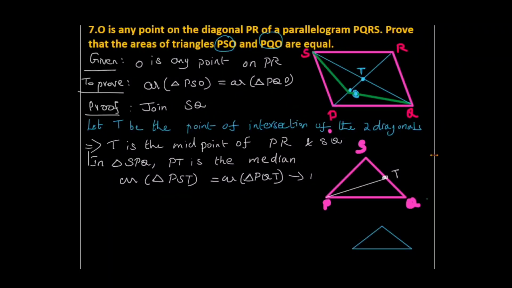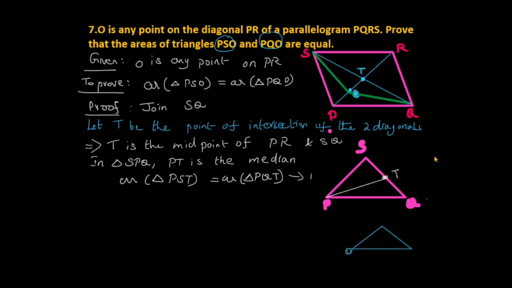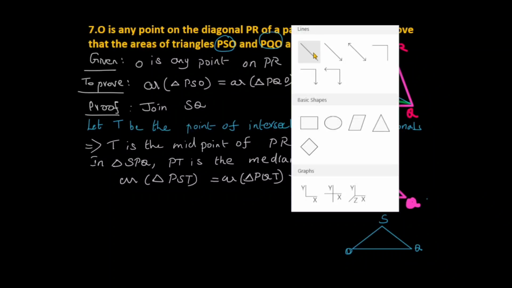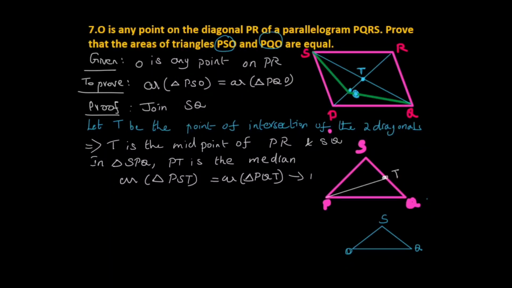This vertex is O. This is our S. This is our Q. So in that we can see triangle SOQ. There also T is a point, and here also T is the midpoint of SQ.